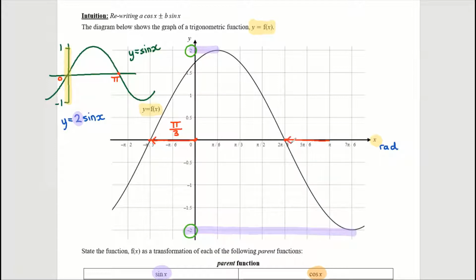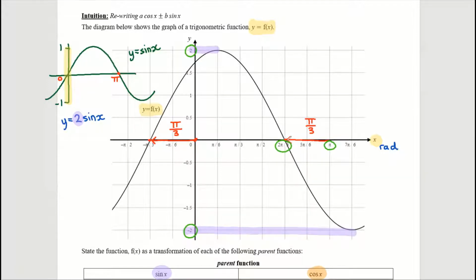So it's moved by pi/3 radians to the left. It's gone from pi to 2 pi over 3. So clearly I've subtracted pi over 3. Now, that's a huge clue, isn't it? So that tells us it's the sine wave, but it's been translated by pi over 3 to the left.